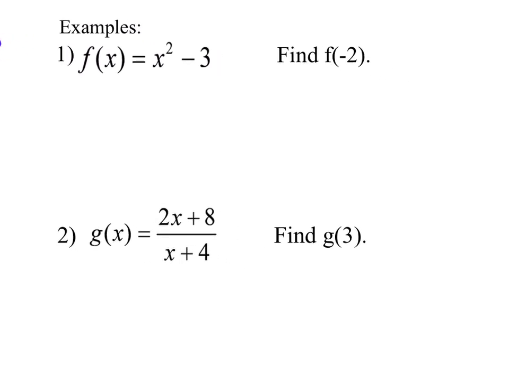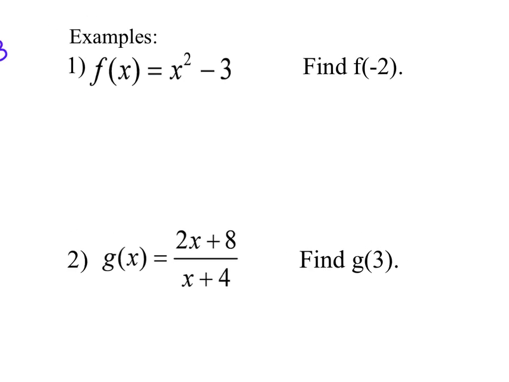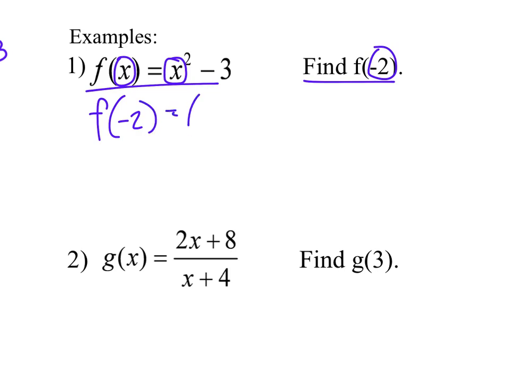So in this one, they give you f of x. They'll always give you the function. You're not ever going to have to remember that function. You just have to find what they ask you. So in this case, find f of negative 2. That means wherever there's an x, you're going to put negative 2, squared.